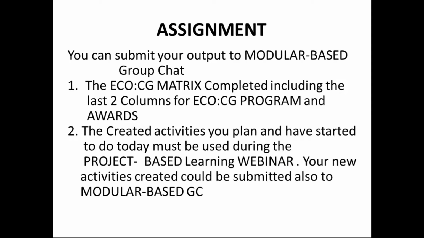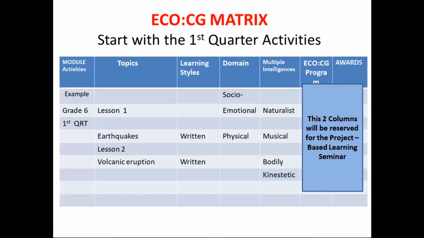So your new activities created could be submitted also to the Modular-based GC. This is just to complete the details of this EcoCG matrix. So pagsasamahin na po yung inyong mga nagawang output dito sa first few columns, including the EcoCG and the awards.